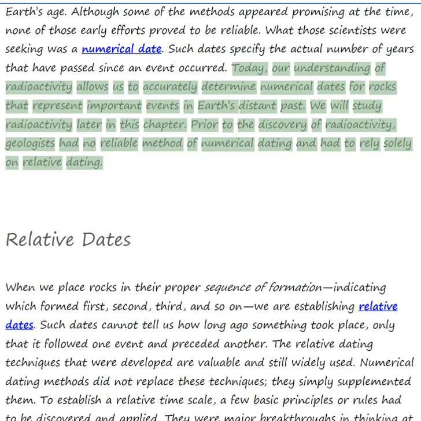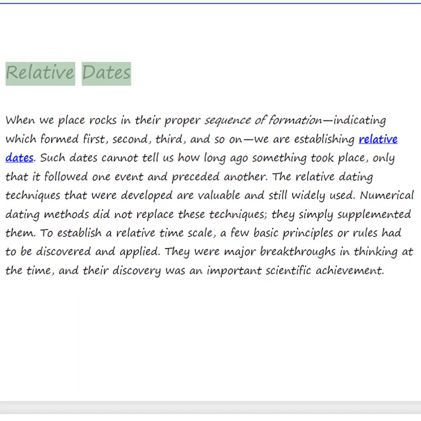Today, our understanding of radioactivity allows us to accurately determine numerical dates for rocks that represent important events in Earth's distant past. We will study radioactivity later in this chapter. Prior to the discovery of radioactivity, geologists had no reliable method of numerical dating and had to rely solely on relative dating. Relative dates.